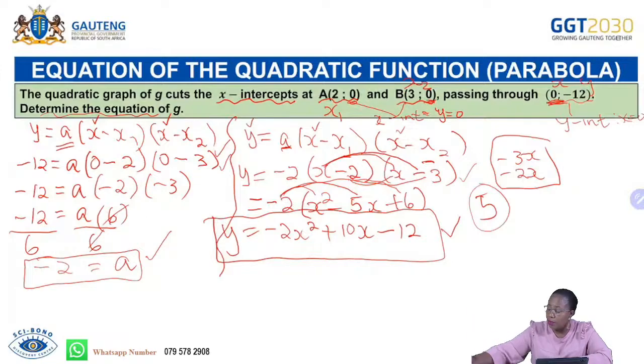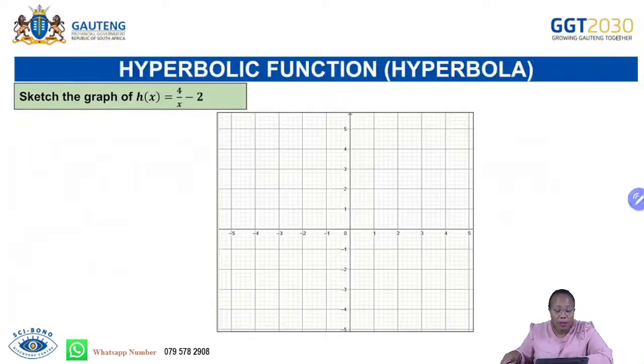Okay, and then moving on to the next activity. We are looking at the hyperbola graph, which is our third function, a prescribed graph for grade 12 technical maths. This equation says we must sketch the graph of h(x) is equal to 4 over x minus 2.